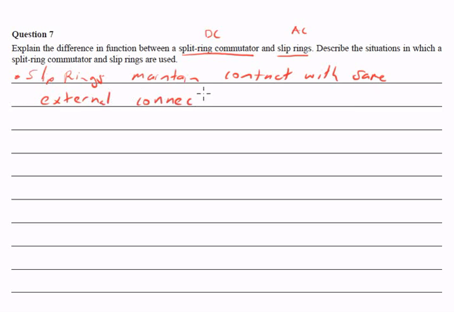Now if you don't really know what that means, you need to go back and have a look at pictures in your notes of slip rings and see, as the thing rotates around, it's always going to be touching the same output connection. And this gives an AC voltage. We can draw a little graph of voltage.